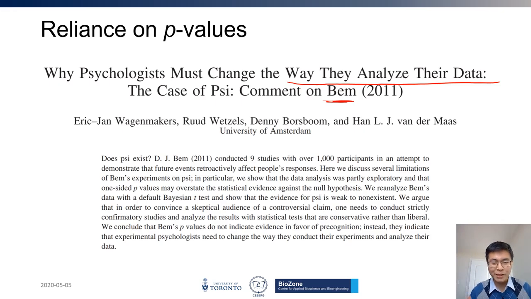So even though the computation was correct, you really shouldn't be using these p-values and other tests that they did use to make these conclusions on extrasensory perception, which is what they showed to be true.